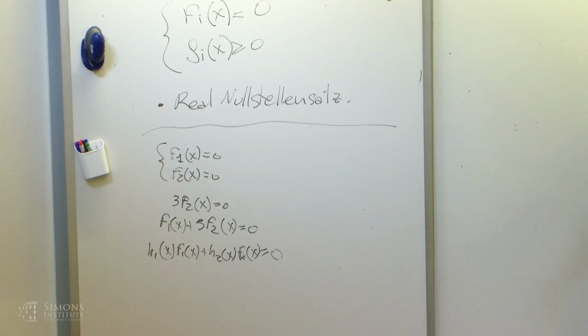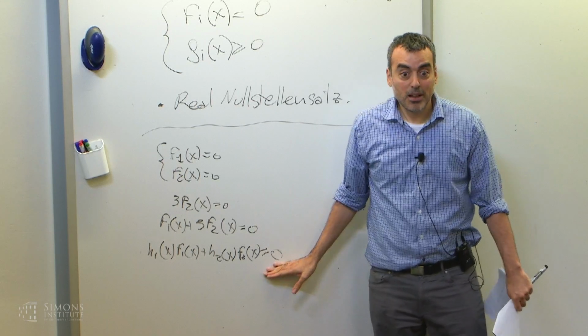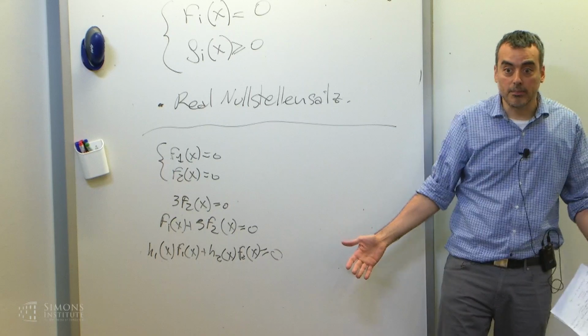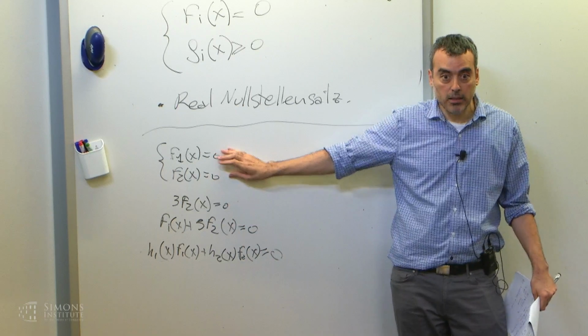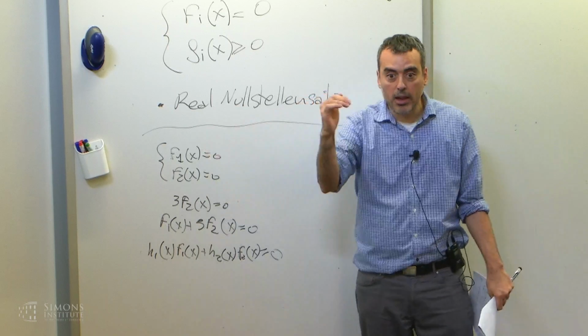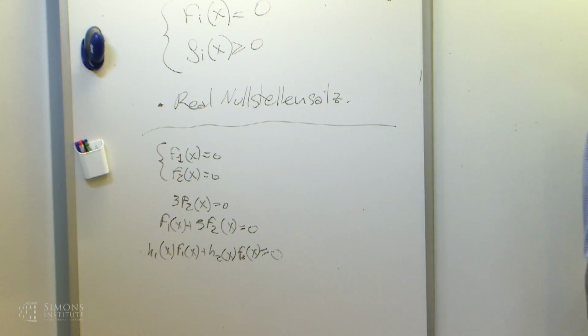Now imagine that I don't do just this, but actually write all the possible constraints that I can imagine. I close my set under the operations of taking a constraint and multiplying it by an arbitrary polynomial, and taking linear combinations. I can do that, and this will generate many, many polynomials, infinitely many.